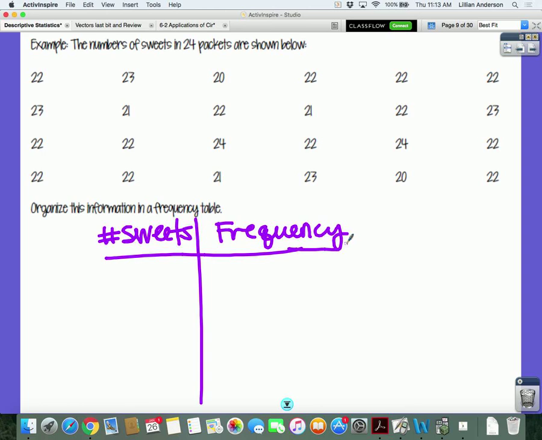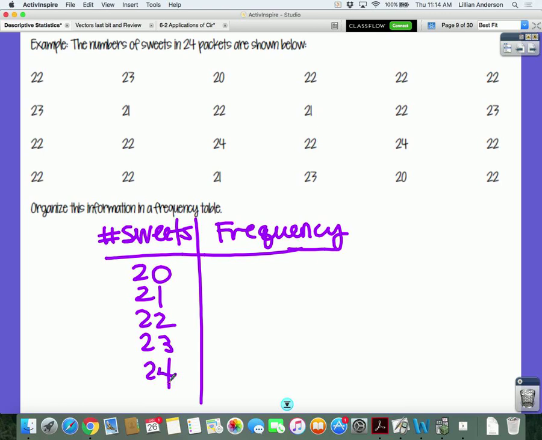Like, what are the numbers? What is the range of numbers? So you're saying that there's some packets that have 20 in them? Yeah. And 21? Yeah. And 22? Yeah. And 23? Yeah. And 24? Yeah. There are no 25s or 19s or anything like that? All right, so these are basically the numbers that we're floating in between.